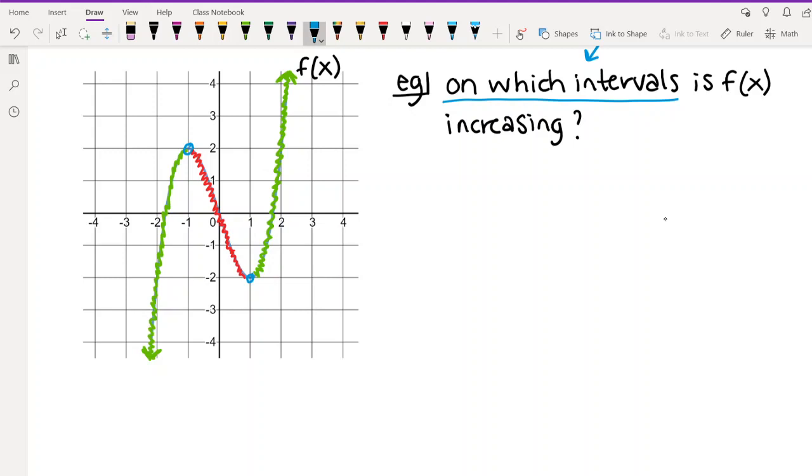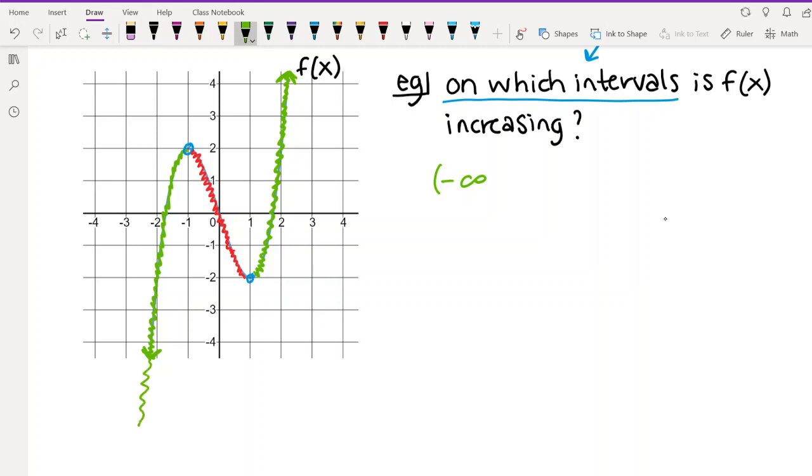But yeah, let's look at this green part of the graph that I highlighted. How would we describe this green part of the graph using interval notation, referring to the x values? Well, again, the graph continues off the page. And so the beginning of the interval is actually -infinity, right? We don't have an initial point where the graph starts increasing.